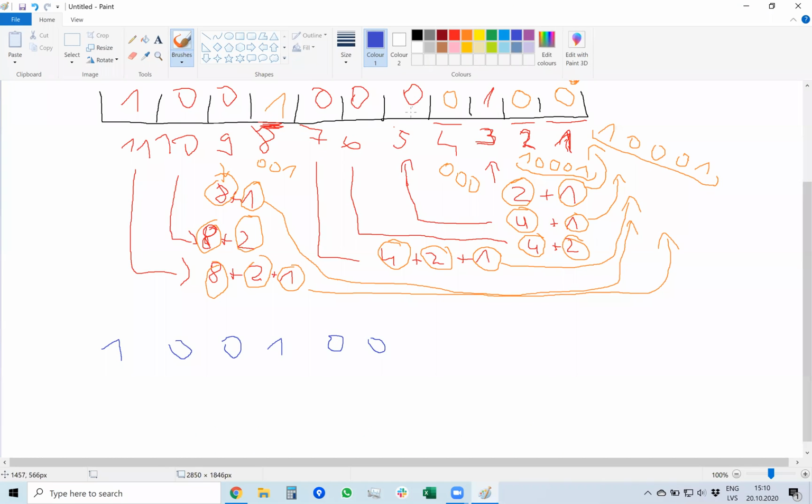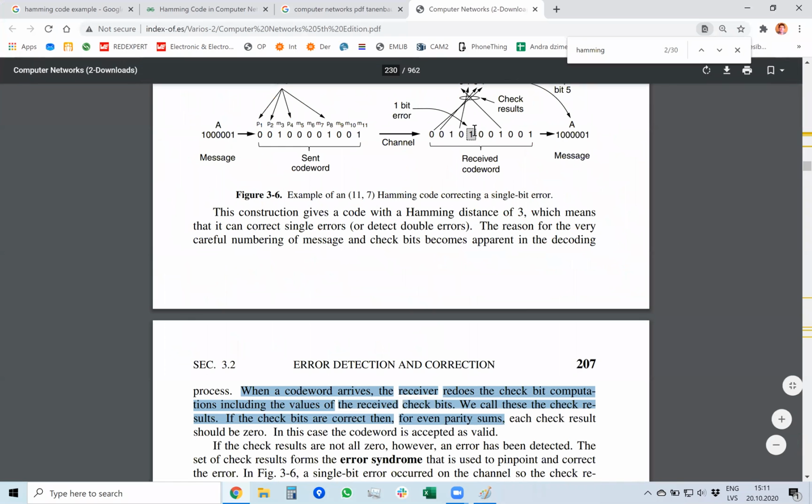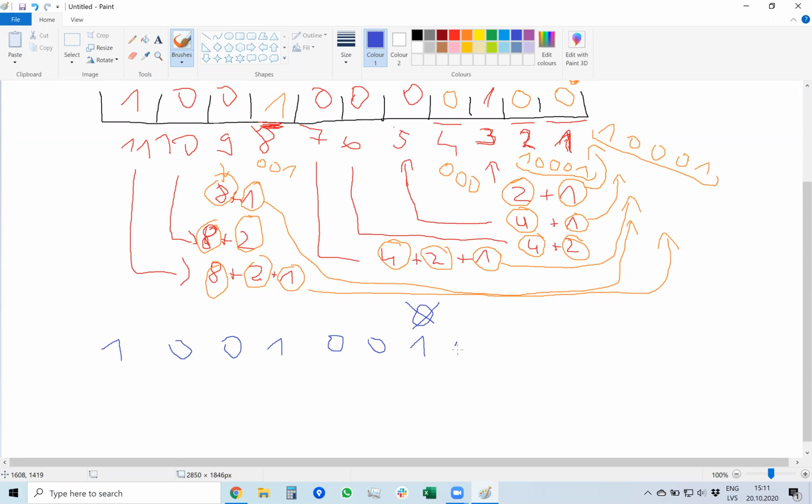And then data bit number 5, let's say, is flipped. There is a mistake. It should have been 0, but during the transmission, it experienced the error and we received the opposite bit. And the other bits are the same.